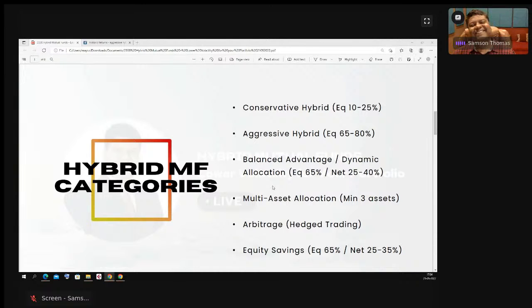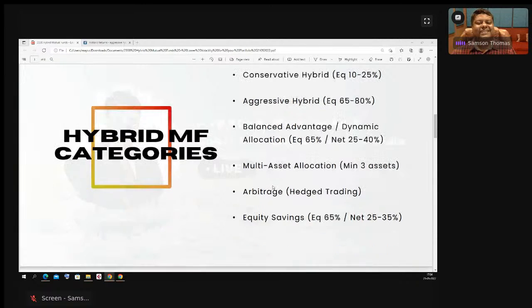And then we have something called arbitrage fund, which is actually an equity fund, but they are in hedged positions. So arbitrage funds have the permission to deal in trading between cash and derivative markets or different markets, and they do this hedge trading, which is the arbitrage funds.